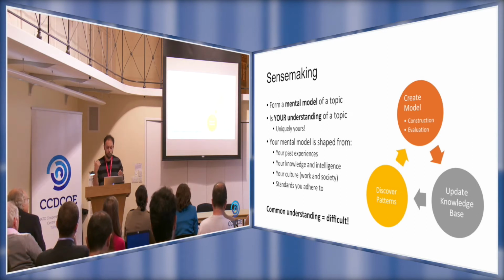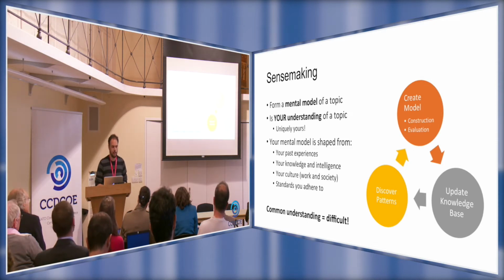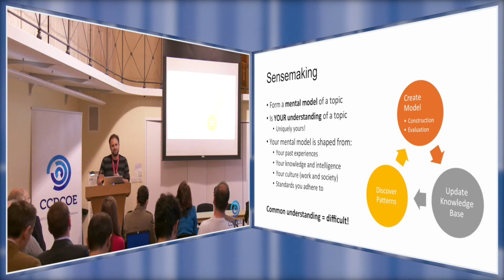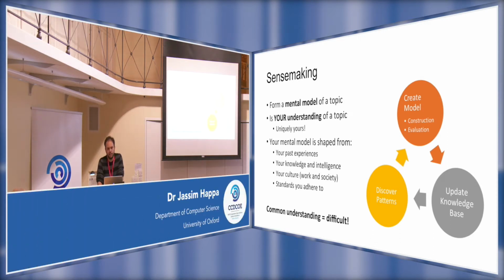And by culture, I mean working culture and the society you live in. All these things play into how you form your mental image of what a particular incident means and how you should respond to it. But also the standards you adhere to. If you use a particular standard, then you may tend to follow it because that's how you've been taught, and you don't really want to think outside the box. But basically what I'm trying to say is that a common understanding between all parties is extremely difficult.